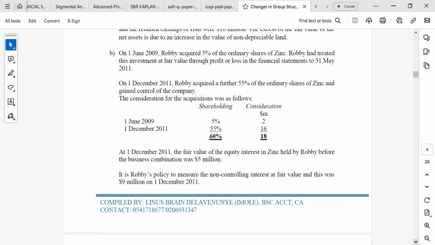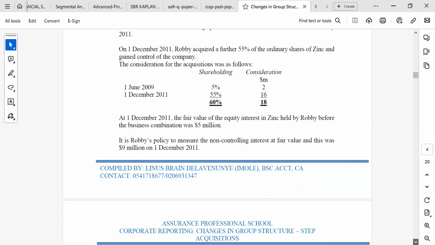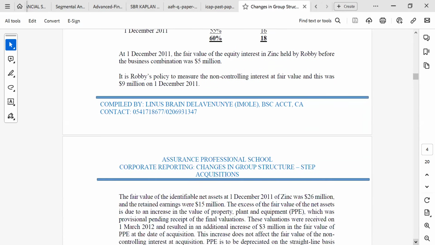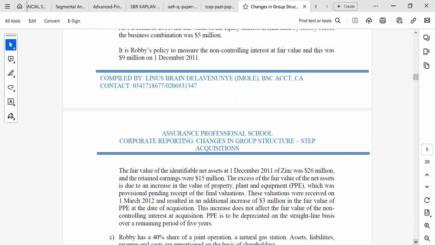At 1st December 2011, the fair value of the equity interest in Zinc held by Robbie before the business combination was $5 million. It is Robbie's policy to measure the non-controlling interest at fair value, and this was $9 million on 1st December 2011. The fair value of the identifiable net assets at 1st December 2011 of Zinc was $26 million, and the retained earnings were $50 million.